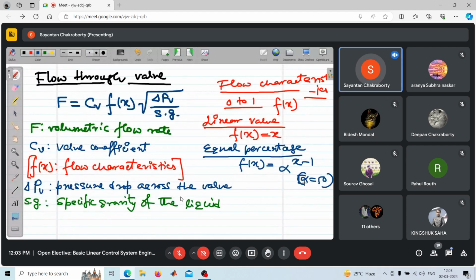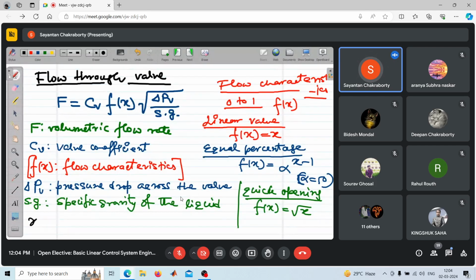This is not part of our syllabus, but just to mention, because I'll be discussing something more trivial, there can be a quick opening valve for which fx will be root over x. So this is basically x, where x is nothing but your valve opening.